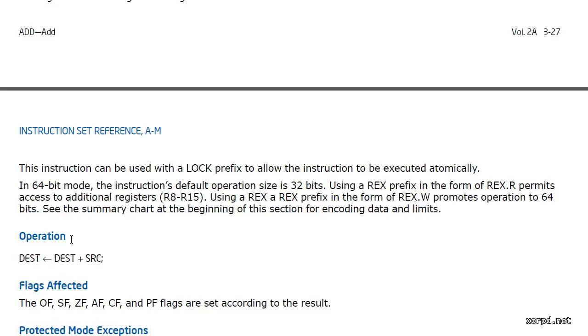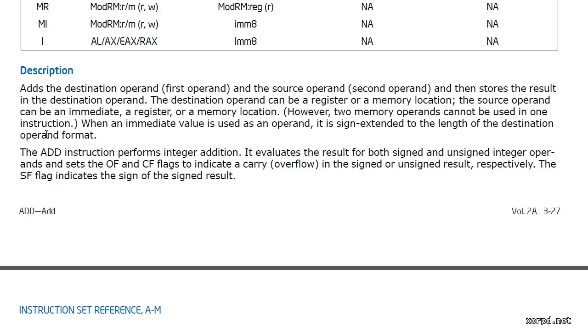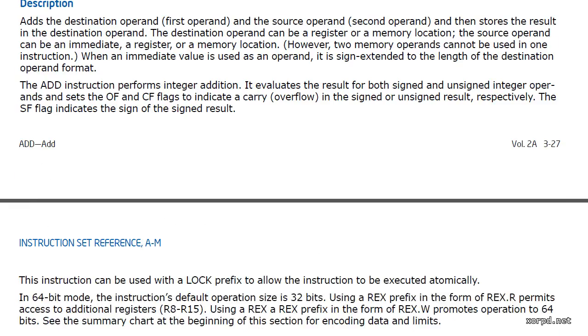Many times you will just want to look at the operation, because it is usually the shortest description of what the instruction does. It is not always the case. Sometimes the operation is a really complicated piece of pseudocode, and it will be really unreadable. But sometimes it will be a good option. You have to combine both the description and the operation most of the time to get a full understanding of what the instruction does.